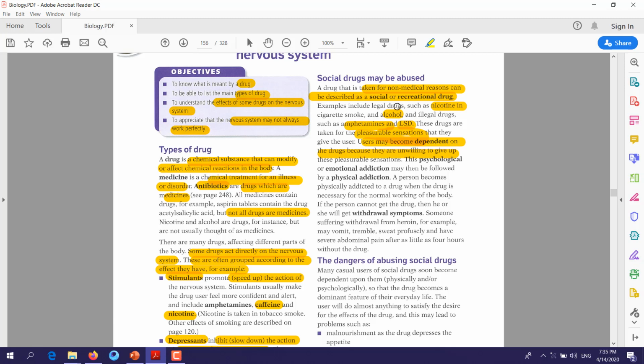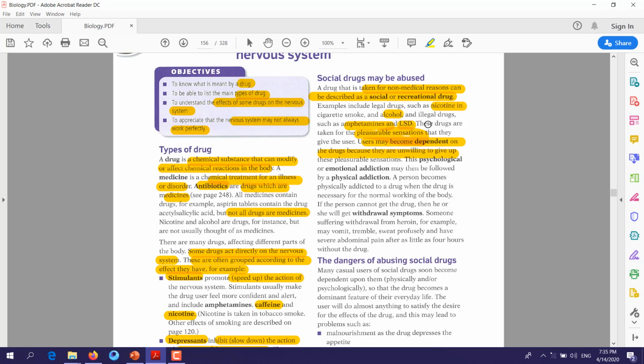Examples include legal drugs such as nicotine in cigarette smoke and alcohol, and illegal drugs such as amphetamines and LSD. We have two types of them, legal and illegal. The legal ones are nicotine and alcohol. The illegal ones are amphetamines and LSD.